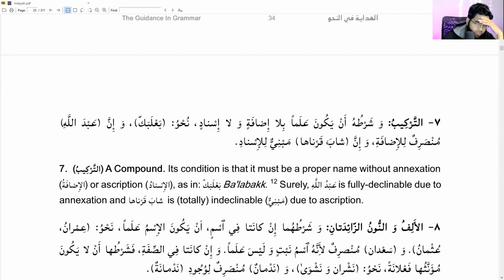Because Shaba means to become old. Qarn is horns. Her horns became old. That means her hair became old maybe. So if somebody puts that name, her hair became old, I mean, that's a mabni name, a fixed name. Mabni only lil-isnad, because of ascription. It's not because this is a verb fa'il, no. It means you're ascribing something to something.